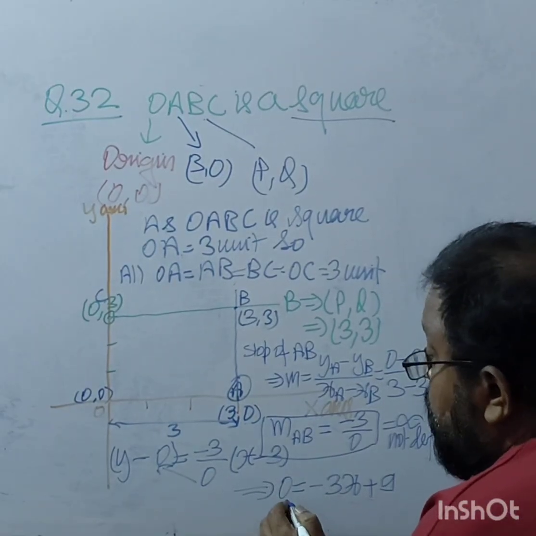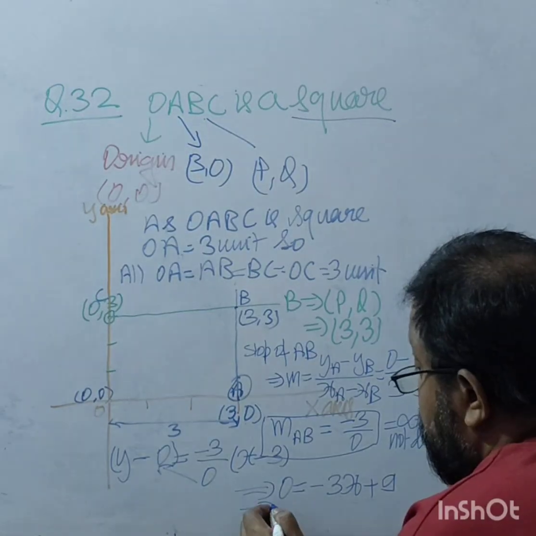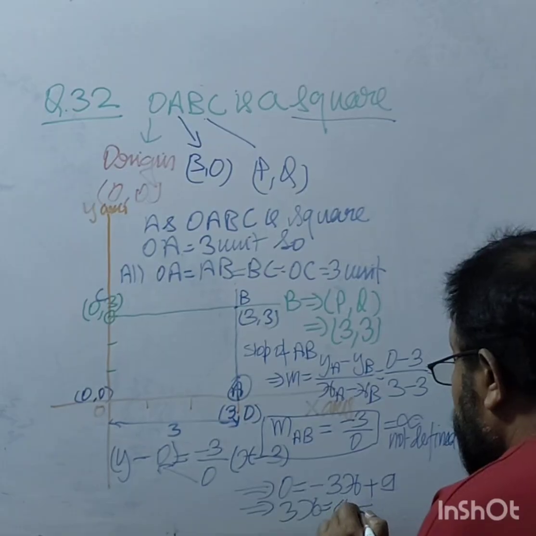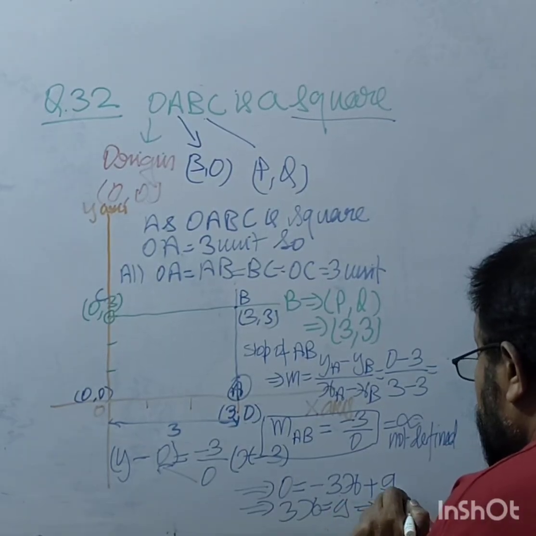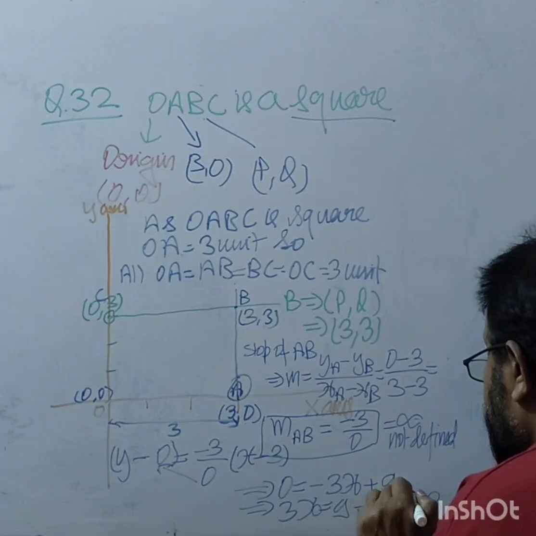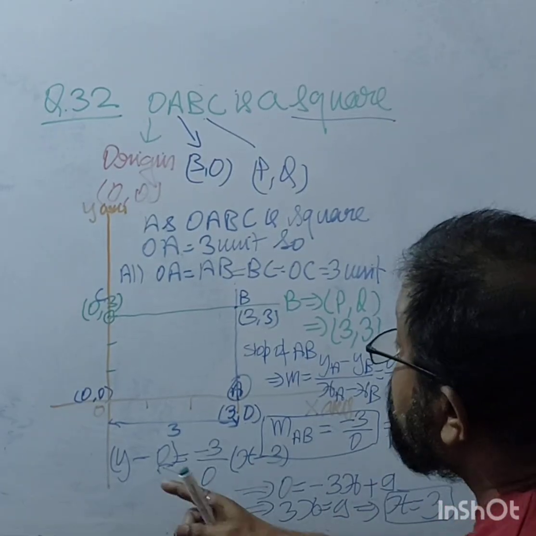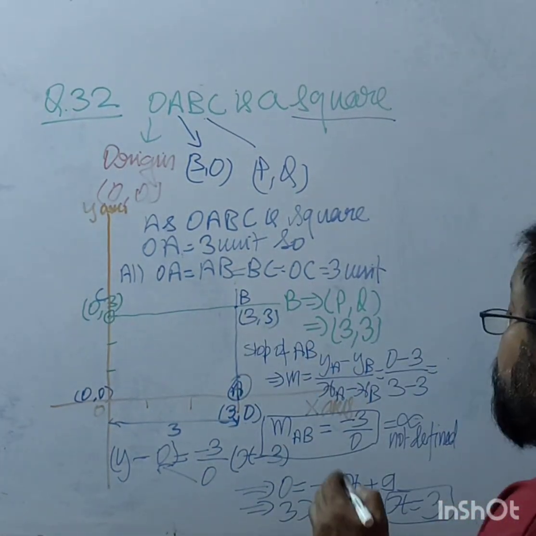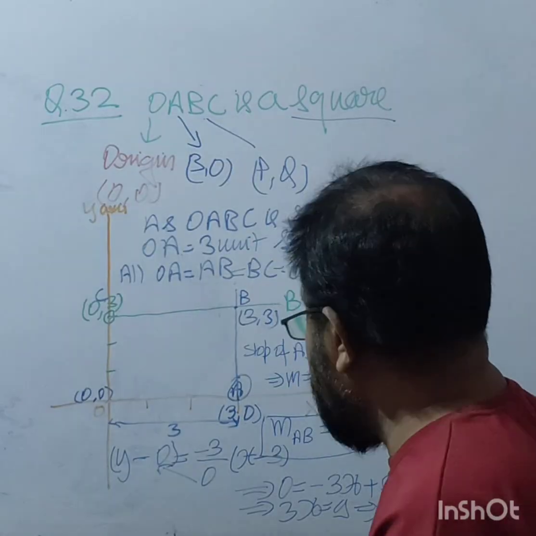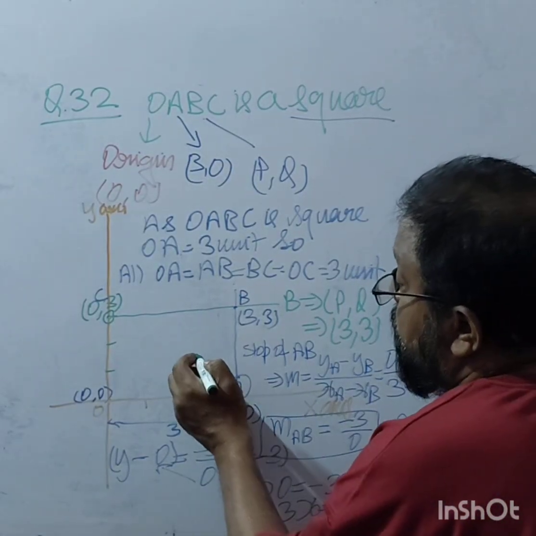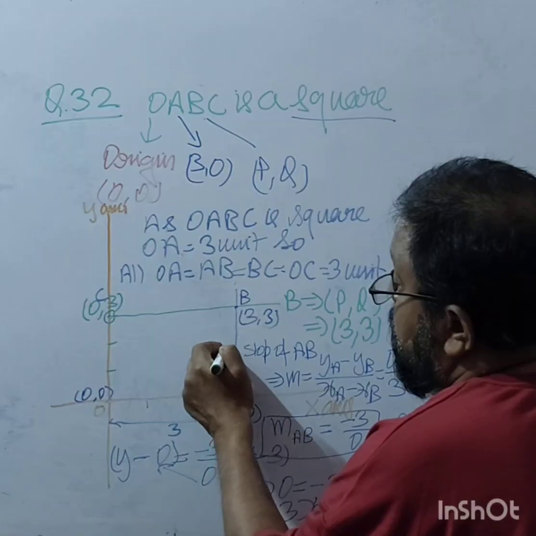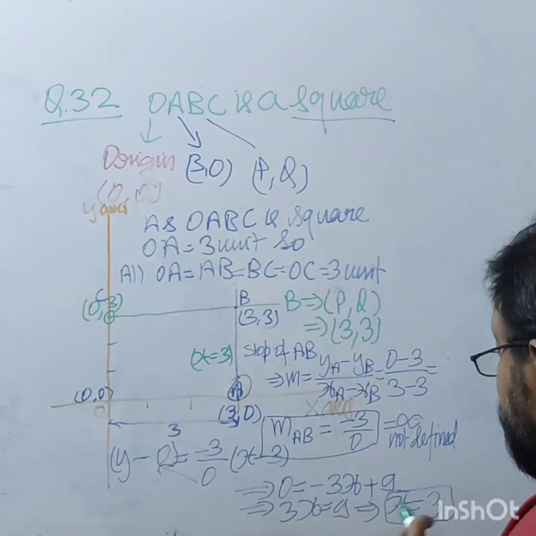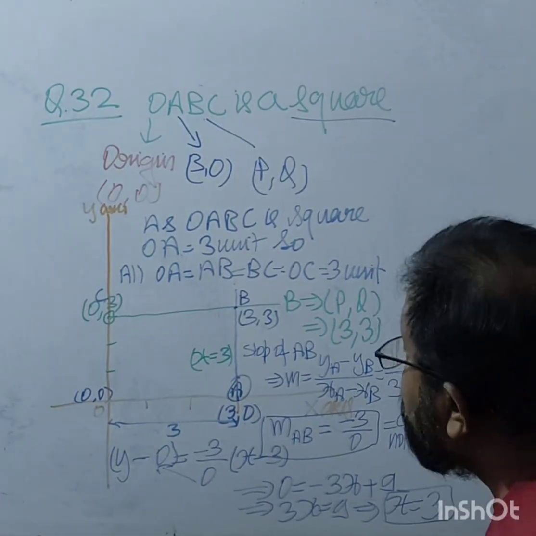So 3x is equal to 9, or x is equal to 3. So the equation of line AB is x is equal to 3. What is your answer? x is equal to 3. You get this? Yes.